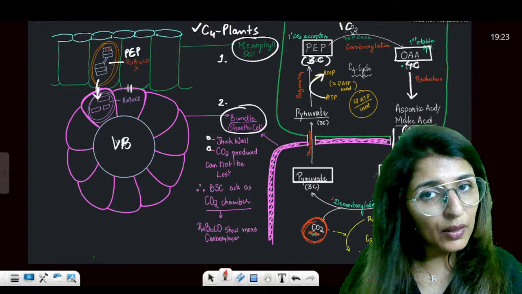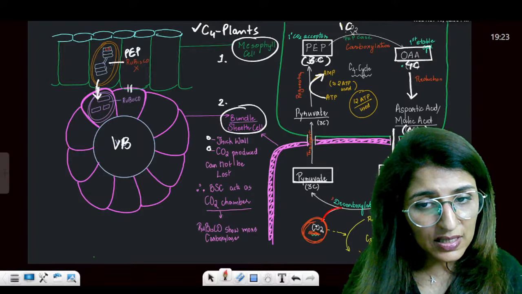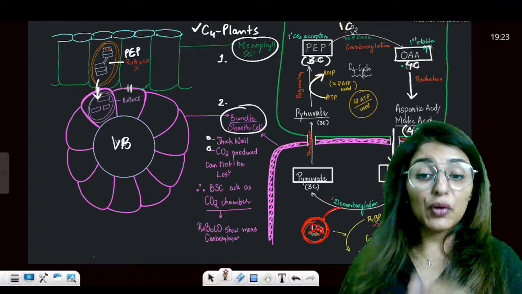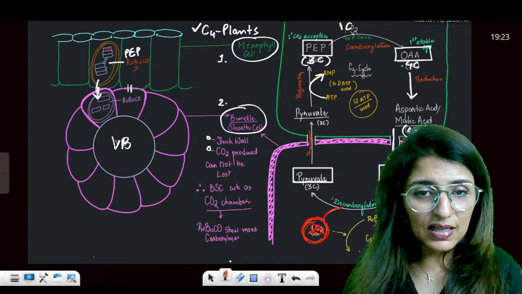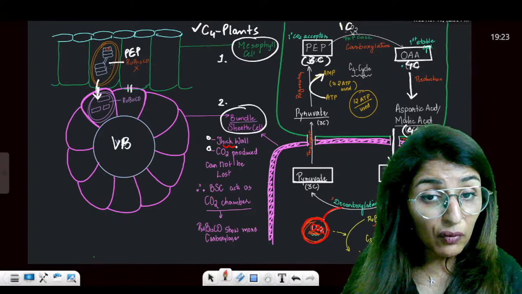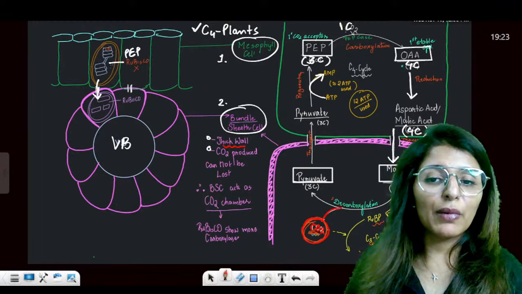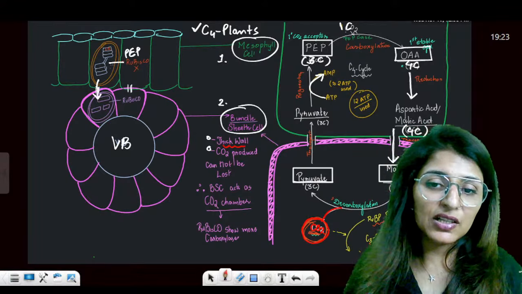Now, talking about the CO2 which was released from malic acid. Malic acid underwent decarboxylation, so one CO2 was lost here. Now, the CO2 produced here in the bundle sheath cells, I told you, they have very thick walls. This CO2 will not diffuse out of the wall of the bundle sheath. It will stay within the bundle sheath cell.